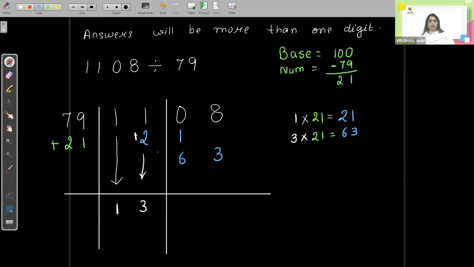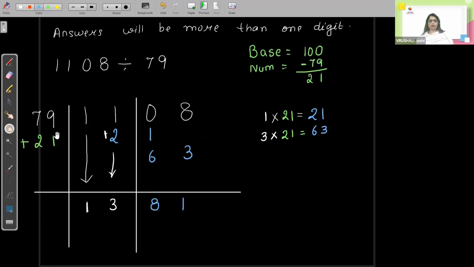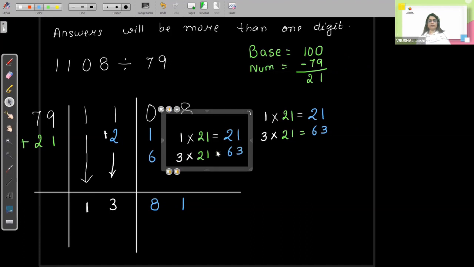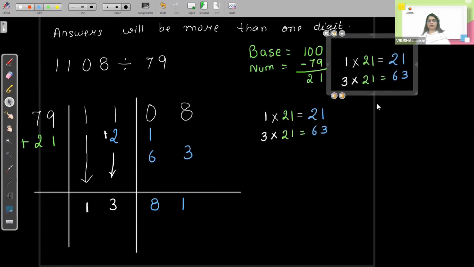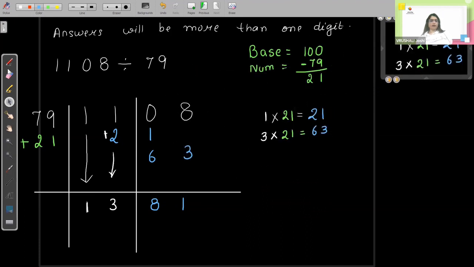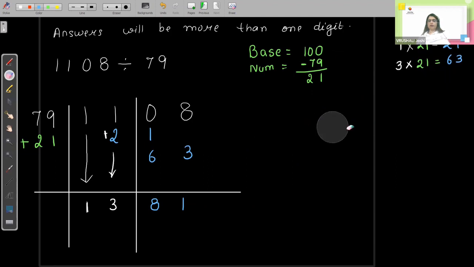Yeah. Now, if you add all of this, what do you get? You get 81. Correct? Yes or no, Arjun? Do you understand how we get 81? Okay. Now, what are we going to do here?